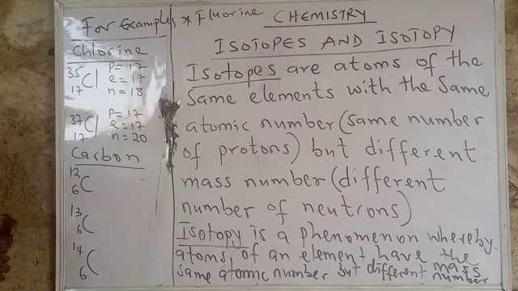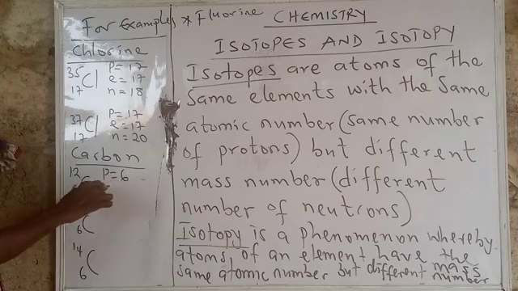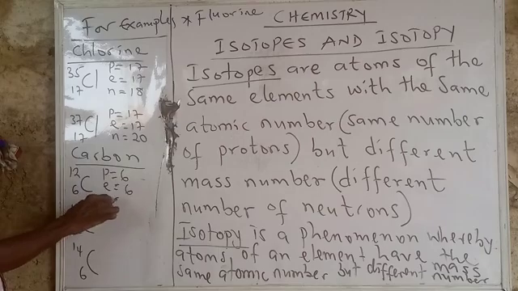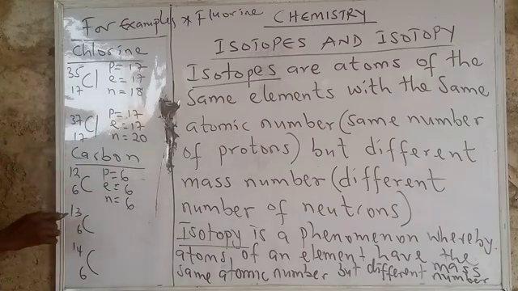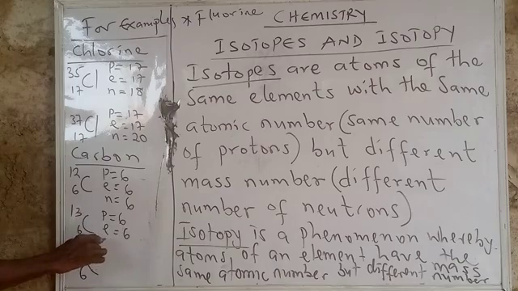Carbon has 3 isotopes: carbon 12, carbon 13, carbon 14. Carbon 12 has 6 protons, 6 electrons, and the neutron is also 6. Carbon 13 has 6 protons, 6 electrons, but the neutron is 7.